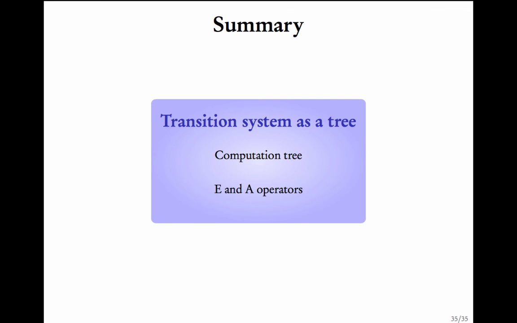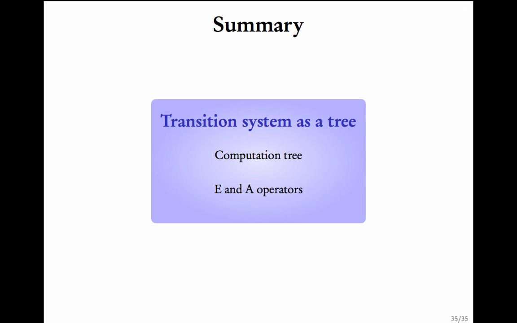So we have introduced a tree view of the transition system. What is our goal? We want to talk about properties of these computation trees. The computation tree of a transition system is obtained by repeatedly unfolding the transitions.